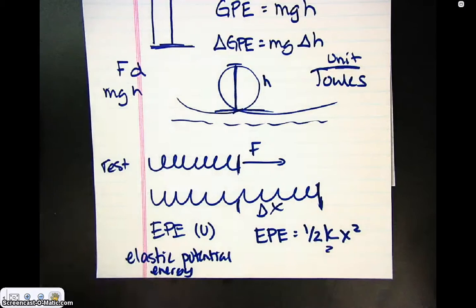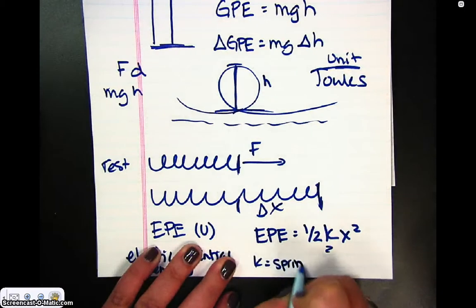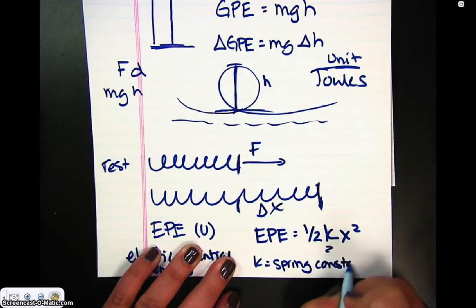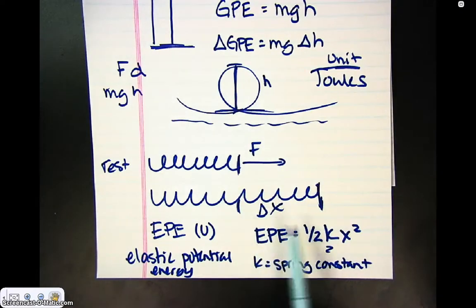The k is a constant that has to do with a property of the spring. K is the spring constant, and it's really related to how many newtons are required to move the spring by a certain distance. We know that if you have a real stiff spring, it would require more energy to pull than if you have something loose like a slinky, which would require less energy.